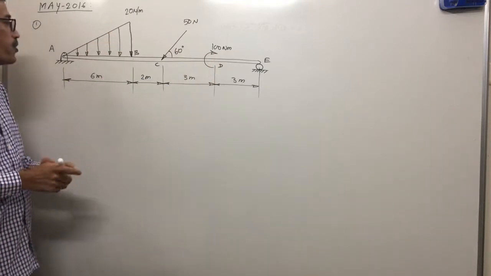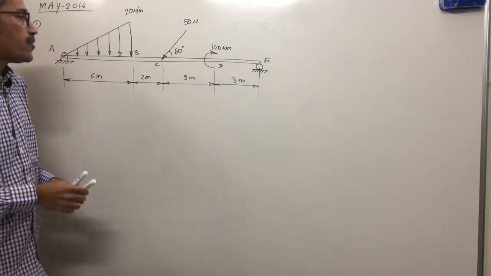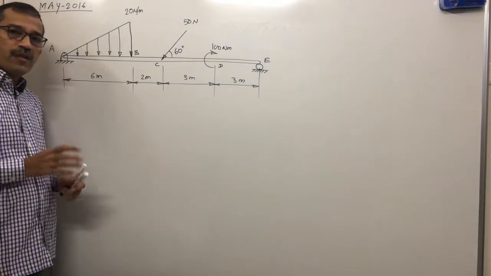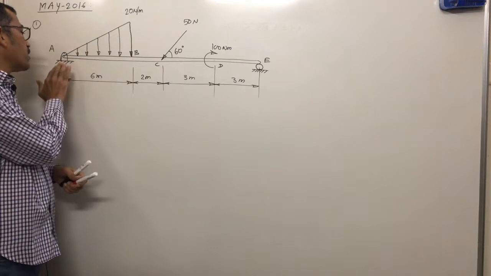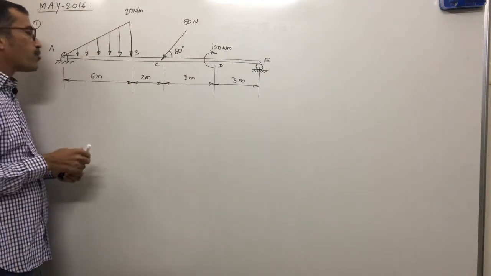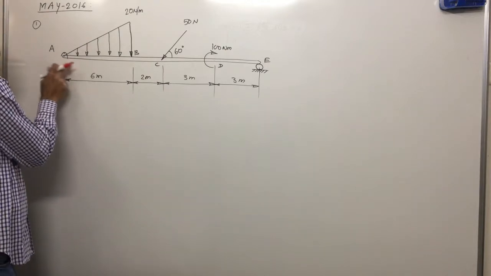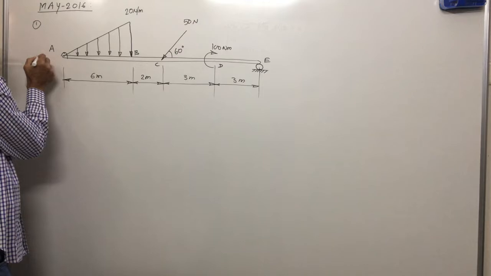What is the first step in solving any problem? We will draw the free body diagram. When we draw the free body diagram, we will not represent the supports. Instead of supports, we represent support reactions.